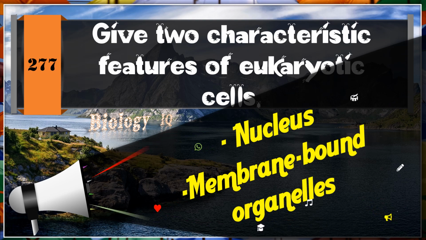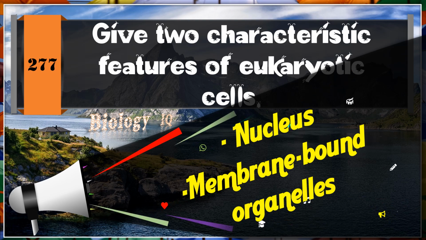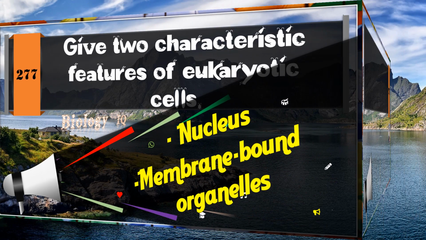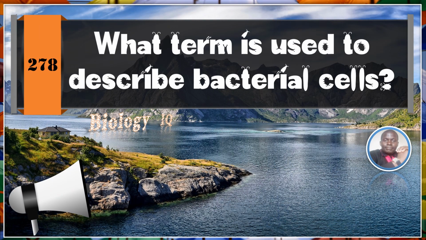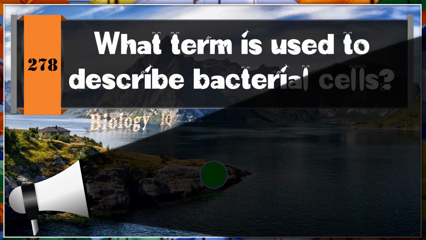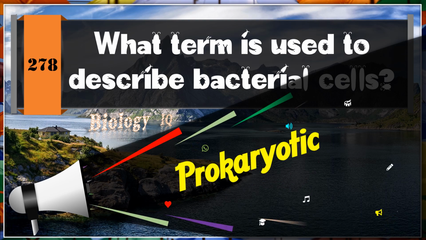They have a nucleus and they have membrane-bound organelles. What term is used to describe bacterial cells? Prokaryotic.